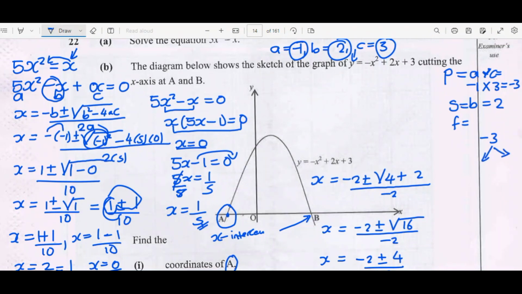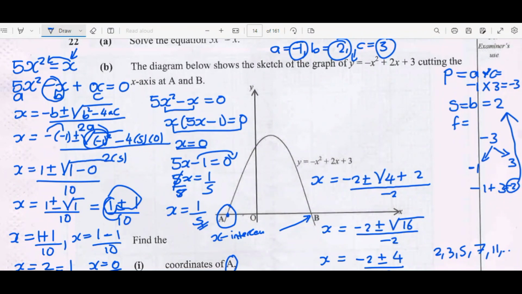Now for numbers like prime numbers, if the product is, let's say, 2, 3, 5, 7, 11, etc., then the factors will be 1 and the number itself, because we know that a prime number has 2 factors. So here the factors will be 1 and 3, but one of these two must have a negative, so that if we add negative 1 plus 3, we are able to get positive 2, which is our sum here.